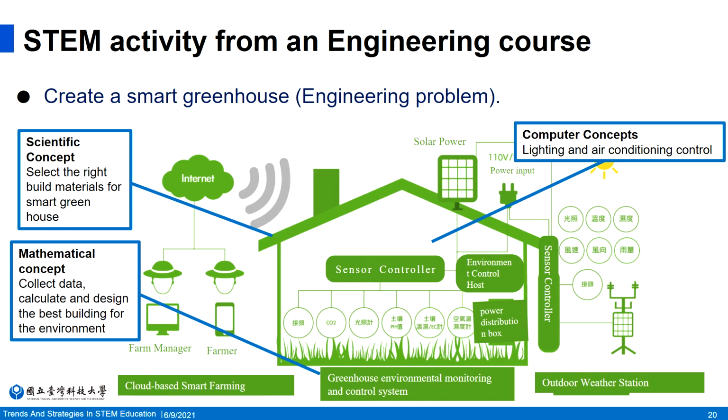For example, when trying to develop greenhouses, the students need to use computer concepts to control the lighting and the air conditioning. Also, they need to use scientific concepts to select the right building material for developing the smart greenhouses. They also need to use mathematical concepts to collect data, calculate, and design the best building for the environment. So this is a typical STEM activity designed from an engineering course.